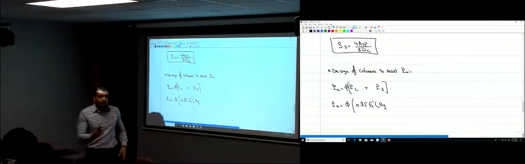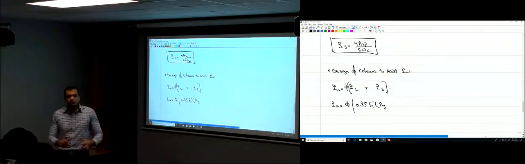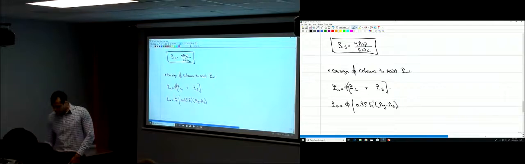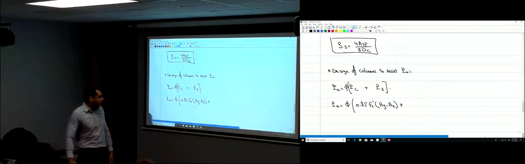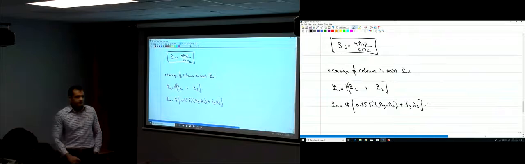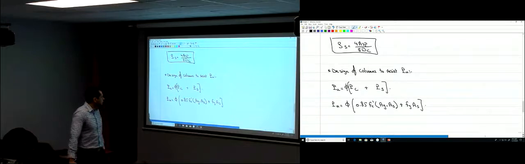But minus the area of steel, because not all the area is concrete. You have some steel in it, so you just have to subtract the area of the steel. And how much is the force that can be resisted by the steel? f y multiplied by the area of the steel. As you see, it's that simple. That's the design equation, okay, for the column in the longitudinal direction, okay?